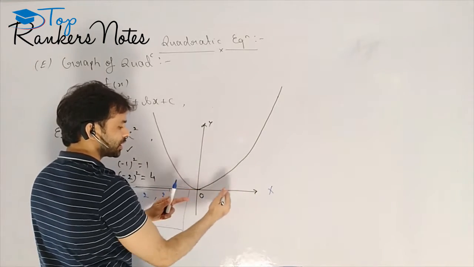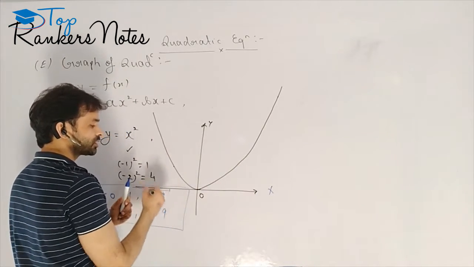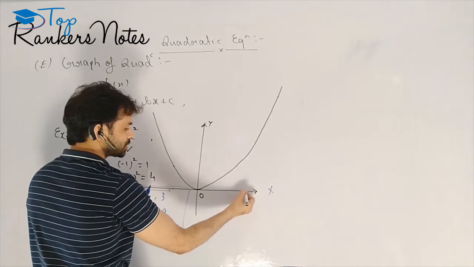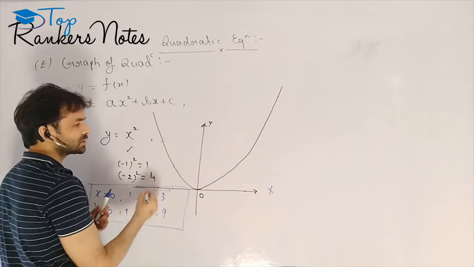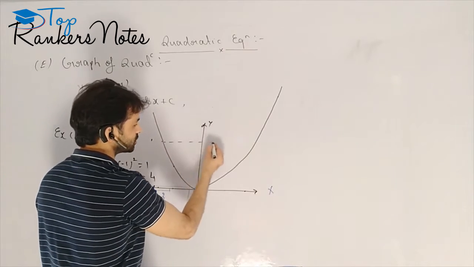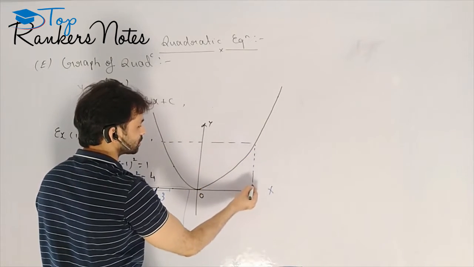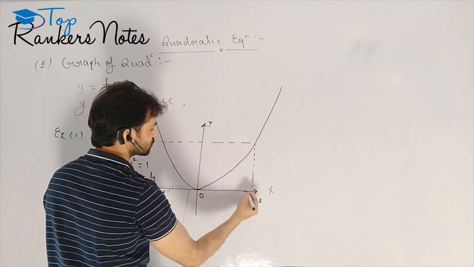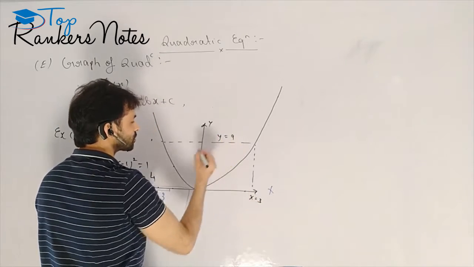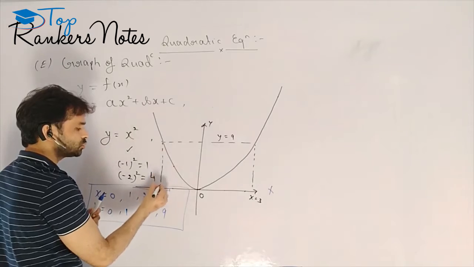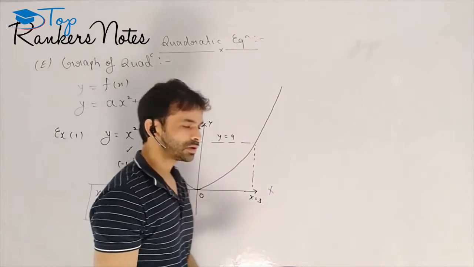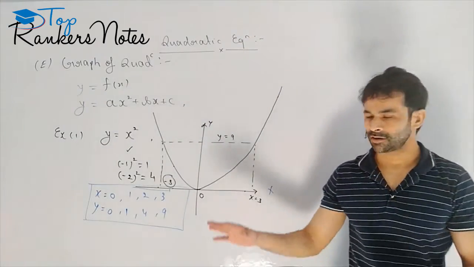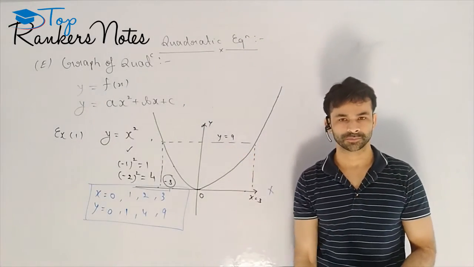Okay, as for x equal to 1, same value for x equal to minus 1. Okay, the value at x equal to 2, same value at x equal to minus 2. Okay, at x equal to 3, let's say it was 9. So same value at x equal to minus 3 it has to give. Right? So this is the graph of y is equal to x square.